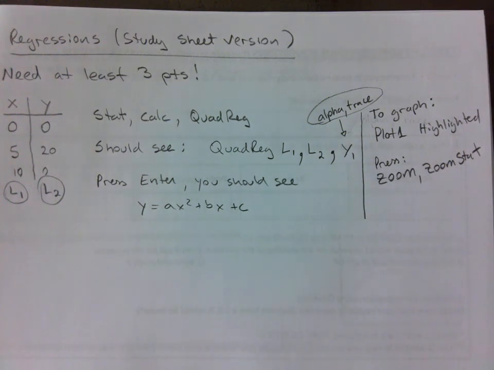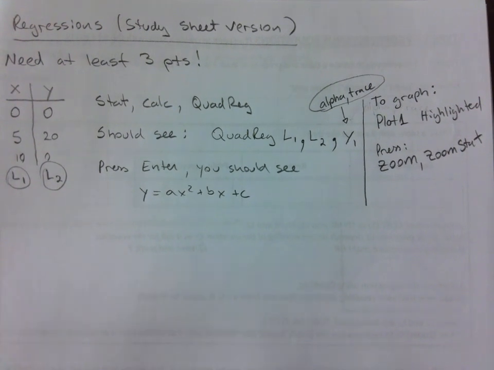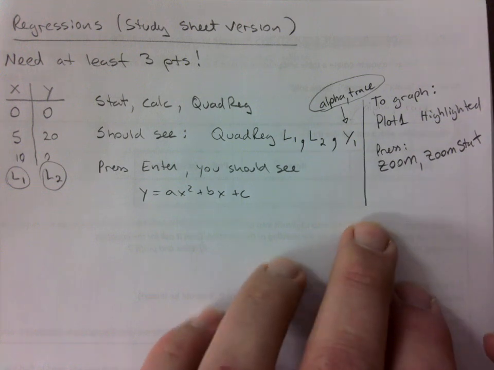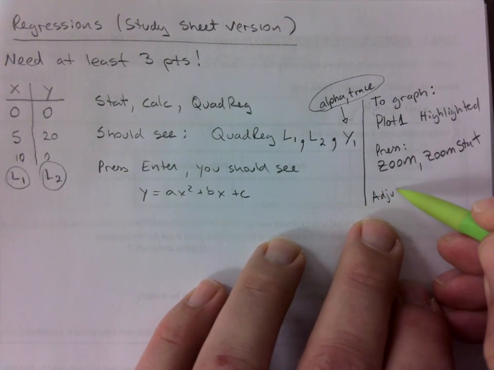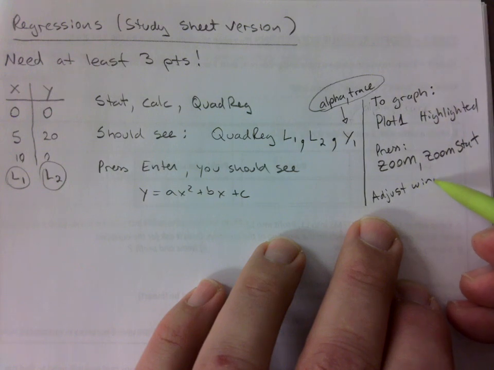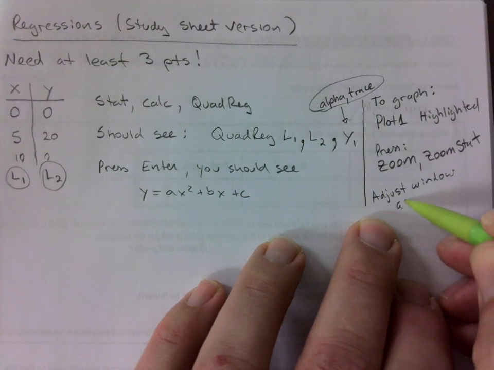Regressions is a must on your study sheet. You're going to forget by the time we do all the other units and it's time for review. You're going to forget, like, I kind of remember what regressions are, but how do you do it on your calculator? This should be it. Then adjust window as needed.